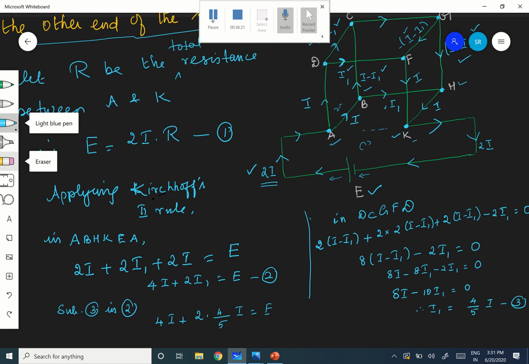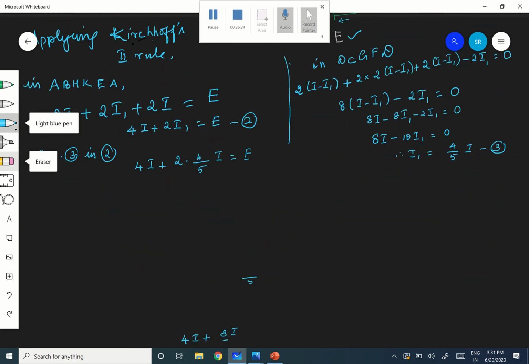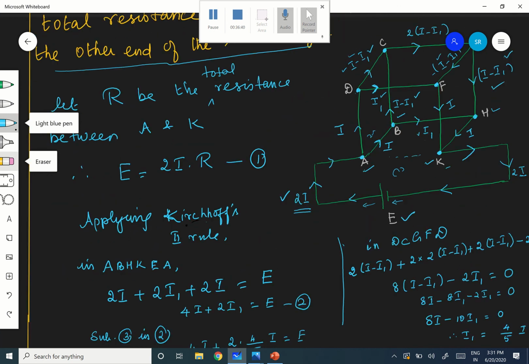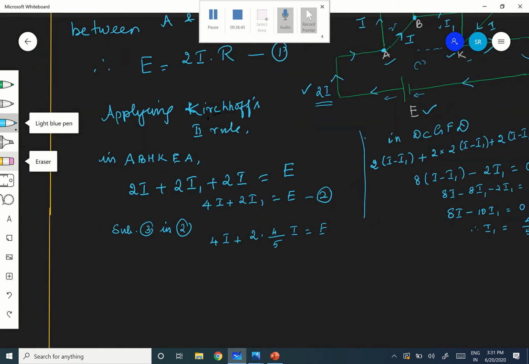Therefore you will be getting 4I plus 8 by 5 I. If you solve it, it will be 4I plus 8 by 5 into I, that is equal to E. If you take the LCM, 20 plus 8, 28.